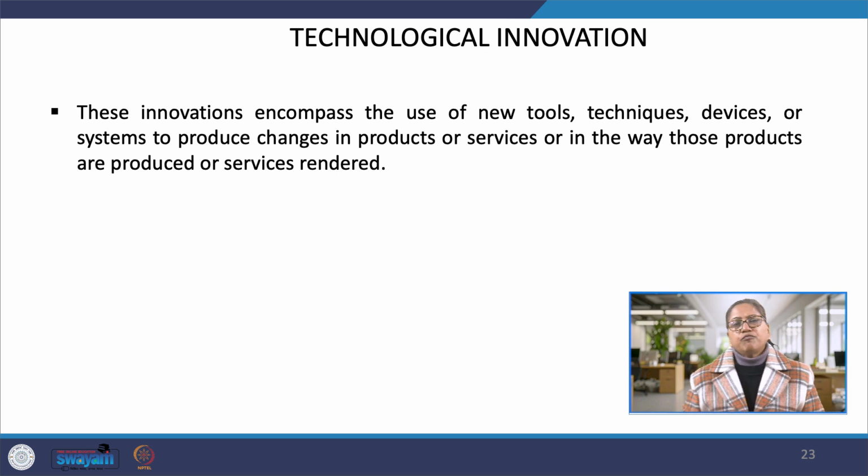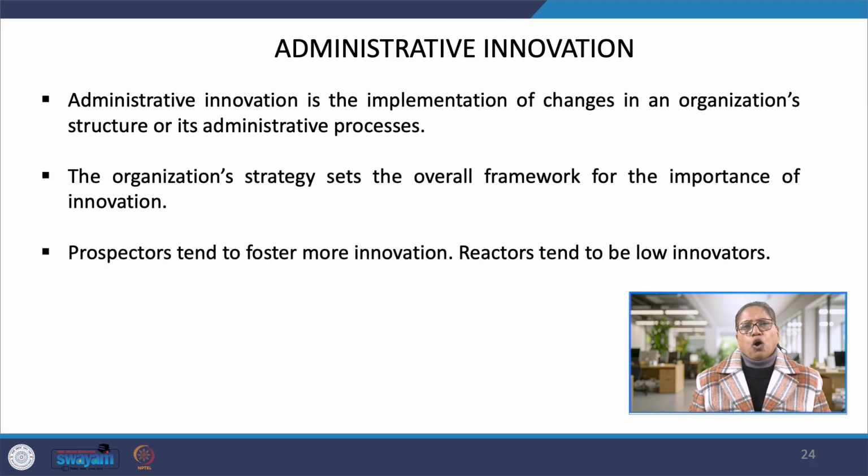The introduction of modular workstations at IBM's facility in Austin, Texas, which allows IBM to build computers entirely with robots, is an example of technological innovation. On the other hand, administrative innovation is the implementation of change in an organization's structure or its administrative processes.